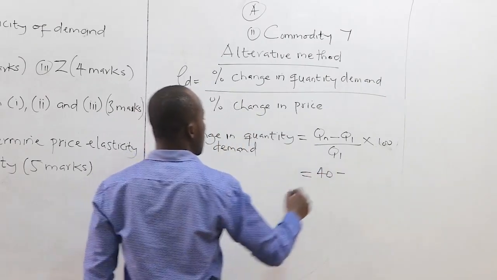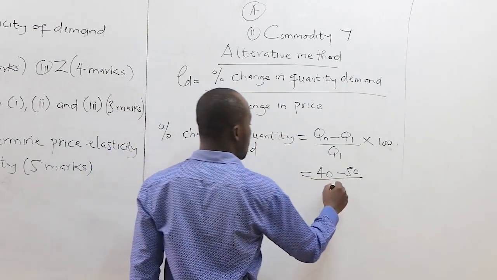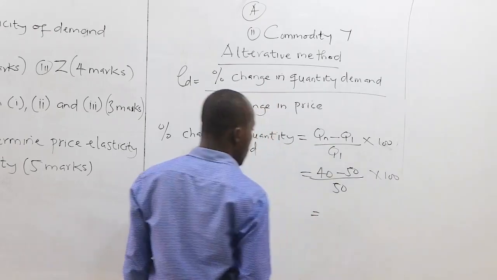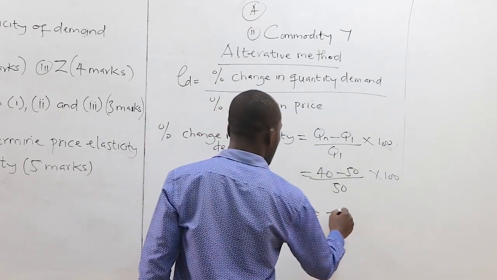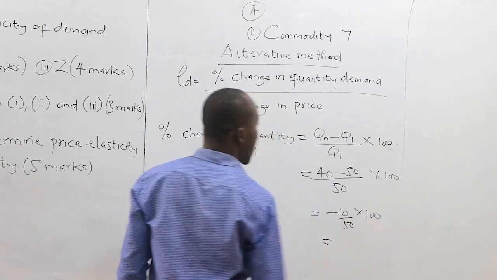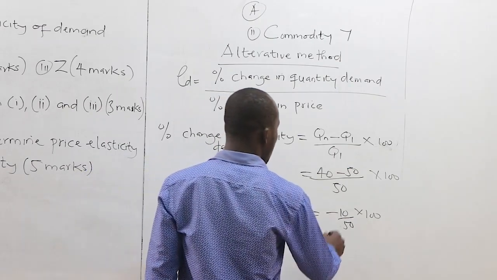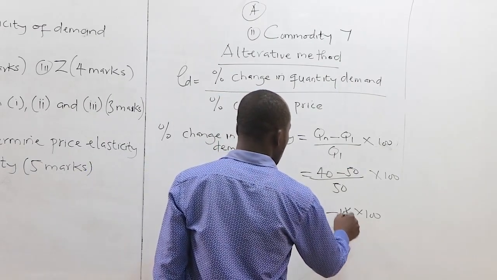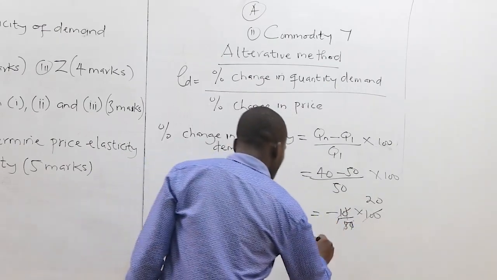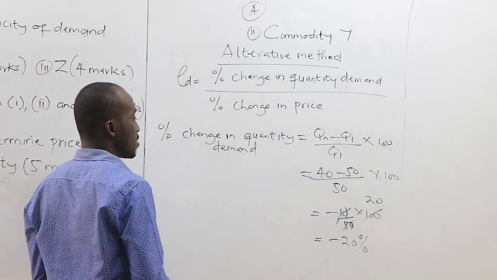The old one is 50, divided by the initial quantity, which is 50, times 100. If we do this, you're going to get negative 10 over 50 times 100, and the final answer is negative 20%. So the percentage change in quantity demanded is negative 20%, right?